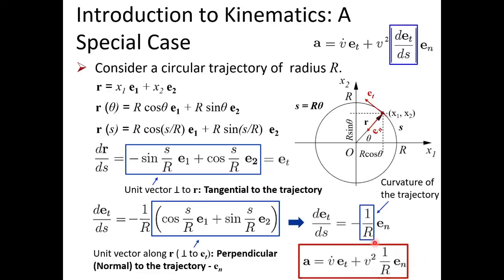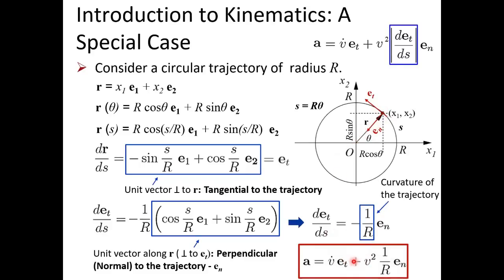So this is something that you are very much familiar with from your A levels. You considered motion in circular trajectories, and you calculated the accelerations using this equation. And of course, the significance of this equation is what is more important for us. This is the acceleration in the tangential direction at a given point, and this is the acceleration in the radial direction, and it has to be defined radially inwards.